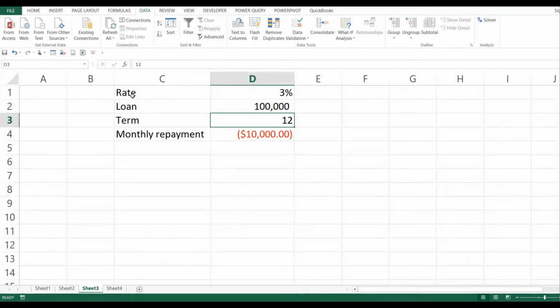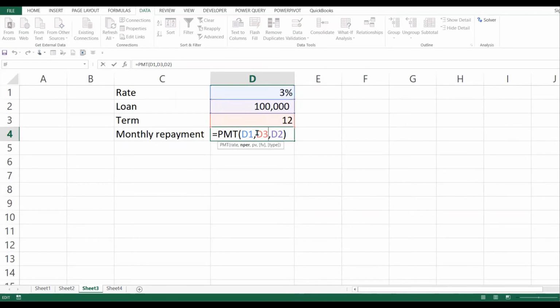Next, here I have a loan of $100,000 at a rate of interest 3% for 12 months. My monthly repayment will be 10,000. There's a formula in Excel that computes that. It is the PMT. It takes the rate, and this is the rate per month.